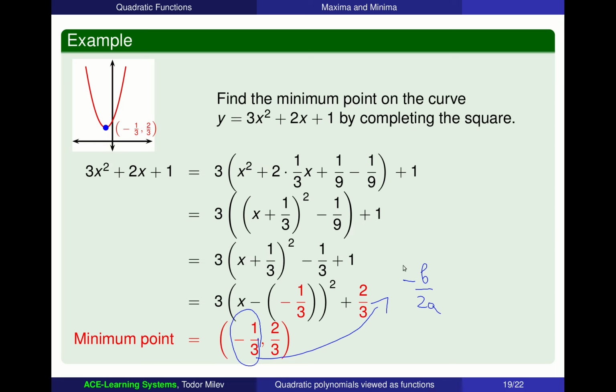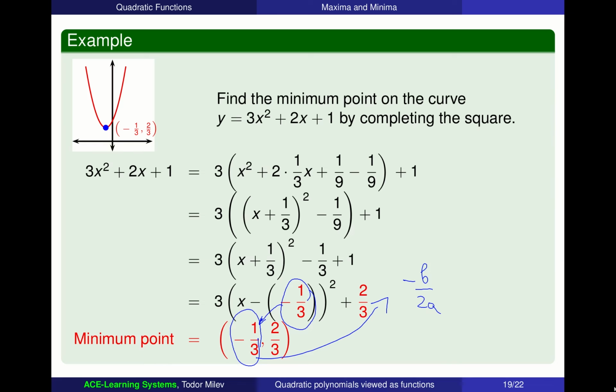We already studied that, but here we did not need to apply our knowledge of the fact that the x-coordinate of the tip of a parabola is at minus b over 2a, because we were asked to complete the square. And because we were asked to complete the square, we didn't need to use any extra knowledge, because the number negative 1/3 just naturally appeared from the computations. It is whatever is subtracted from x in the completed square, that's the number we need to put there.